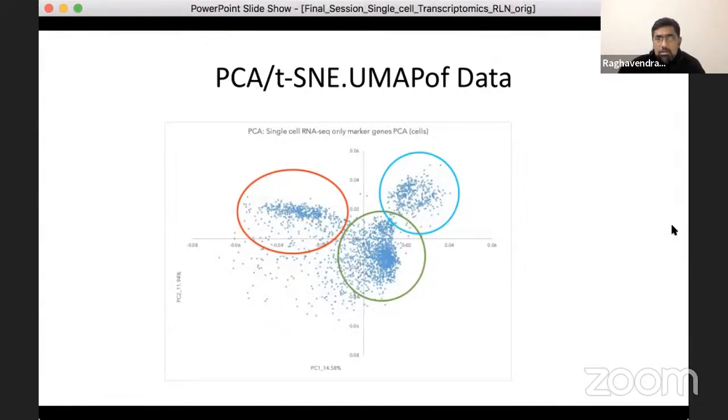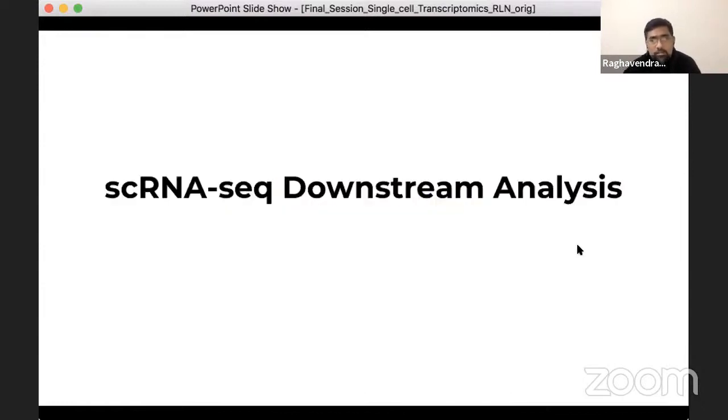More sophisticated visualization and dimensionality reduction techniques like tSNE and UMAP will be able to visualize and cluster distinct groups of cells based on the gene expression counts we have obtained, and that forms the exploratory analysis and the downstream analysis.